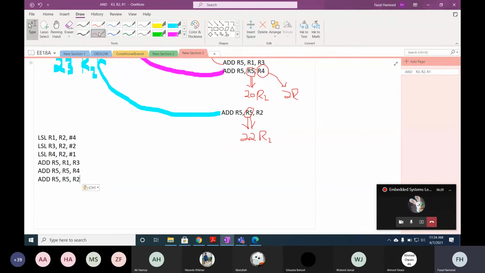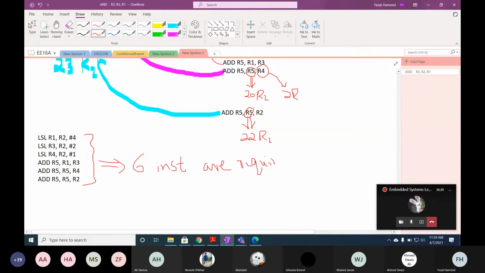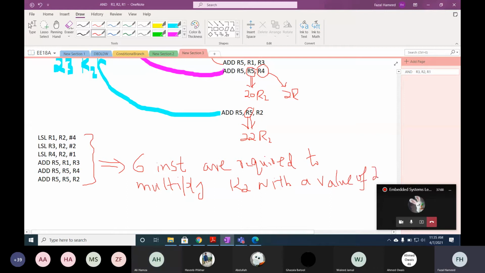So how many instructions did we require? So 6 instructions are required to multiply R2 with a value of 23.